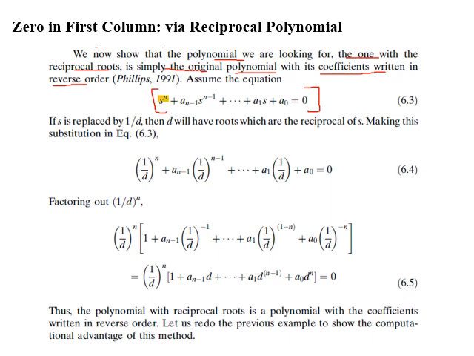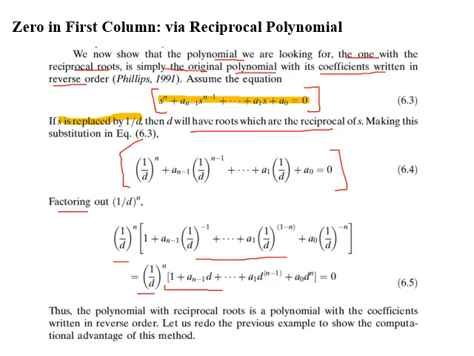Now in this equation, replace s by 1 over d, and we will get equation 6.4. With further simplification, factoring out 1 over d to the power n, we get an equation of the form 1 over d to the power n multiplied by a reciprocal polynomial equals 0, as shown in equation 6.5. So the polynomial with reciprocal roots is a polynomial with the coefficients written in reverse order to the original polynomial.